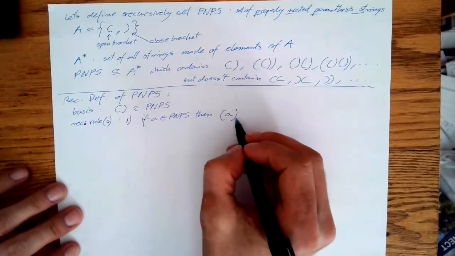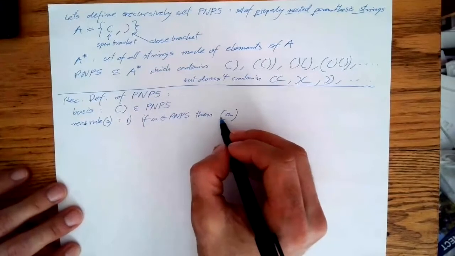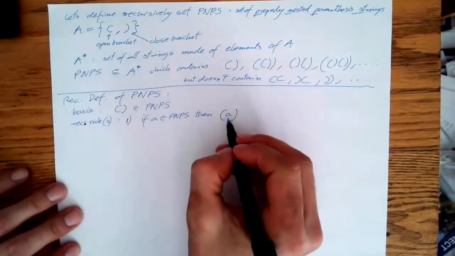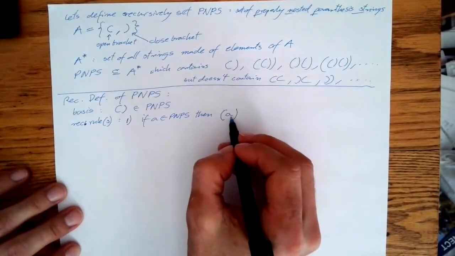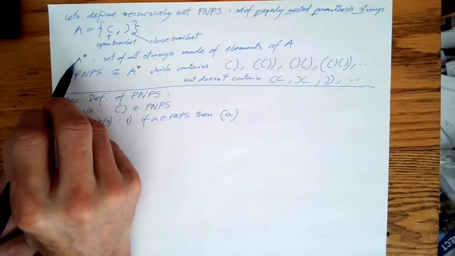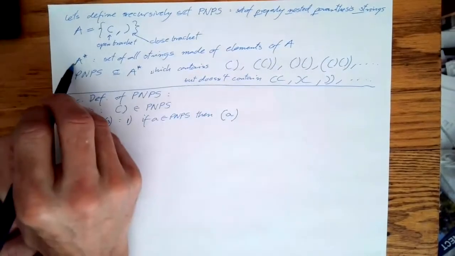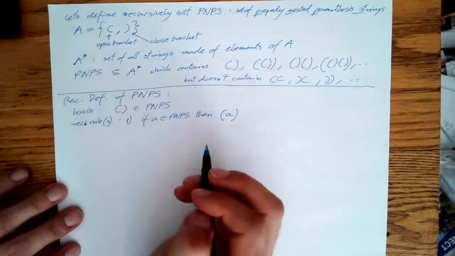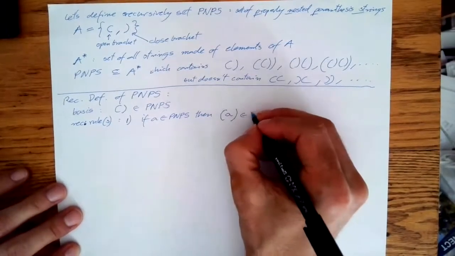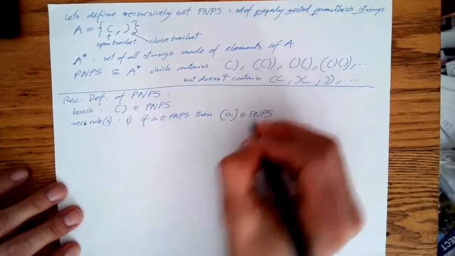So this stands for the concatenation of the character open bracket from this alphabet, then whatever string A is, which is a string made over this alphabet, and then close. This new string is in P and PS as well.